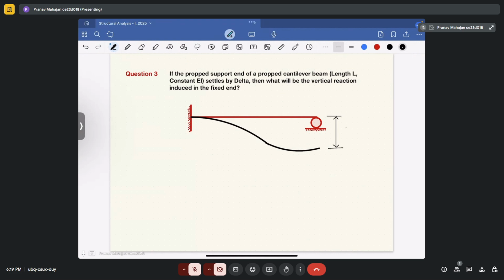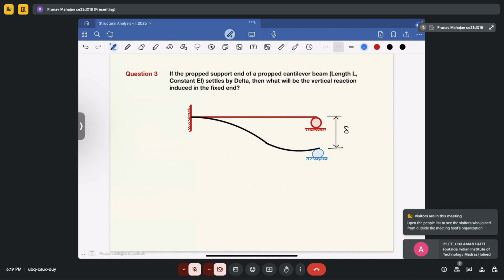So this is your settlement delta. That means your support gets shifted here like this. Now that means some force might have been applied in this direction to produce a settlement.